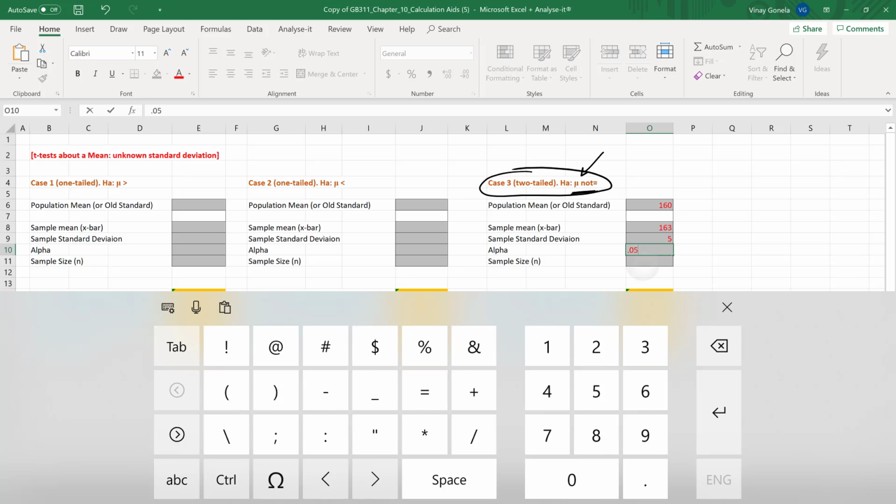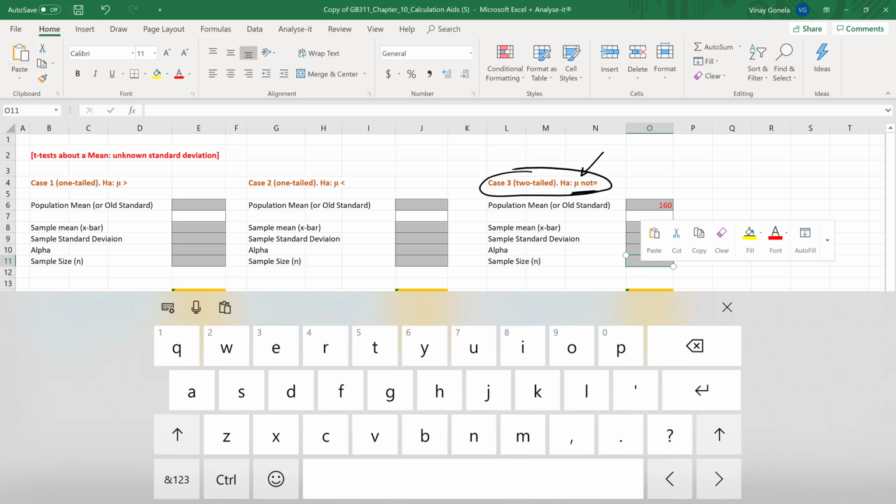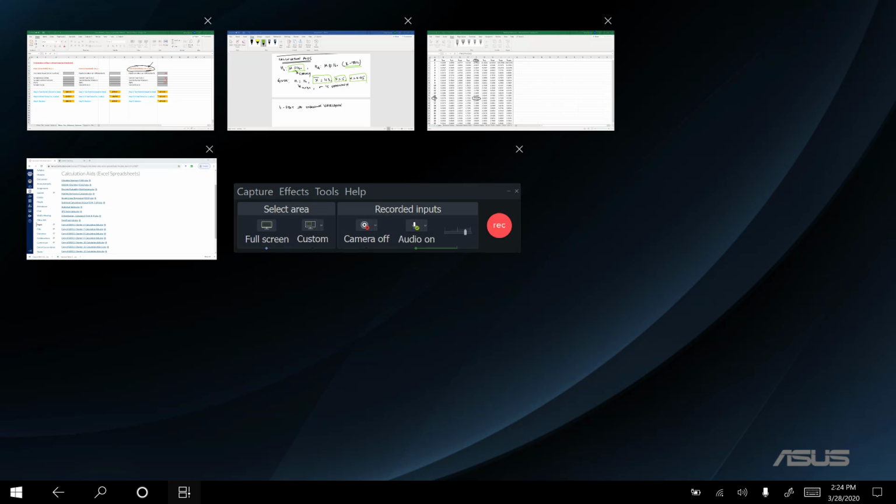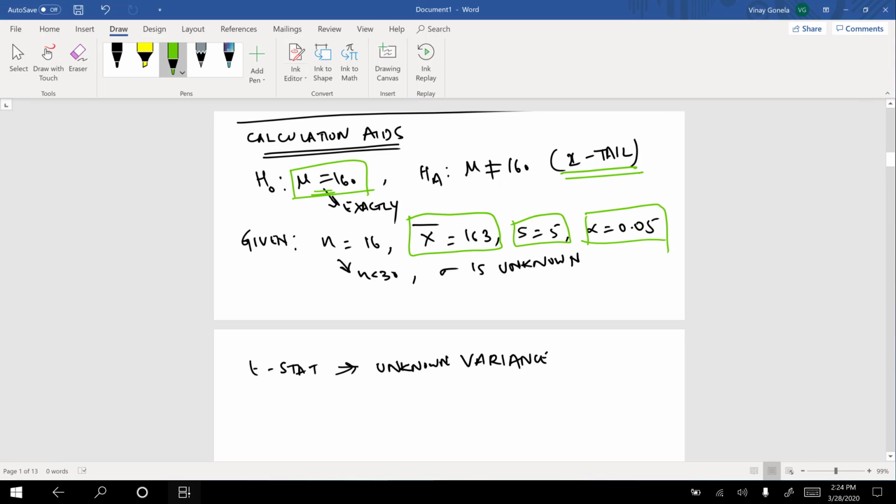And then finally sample size, I think it is 16. Let me cross check it. So n is 16.